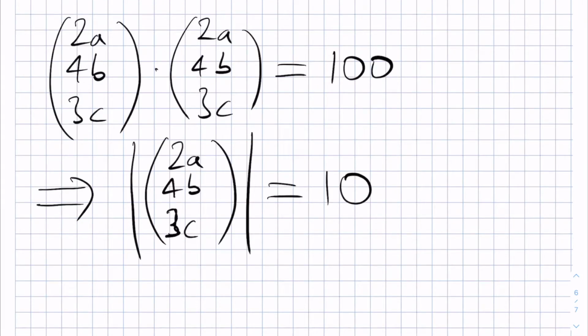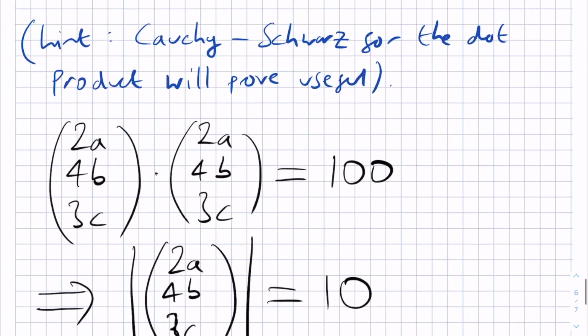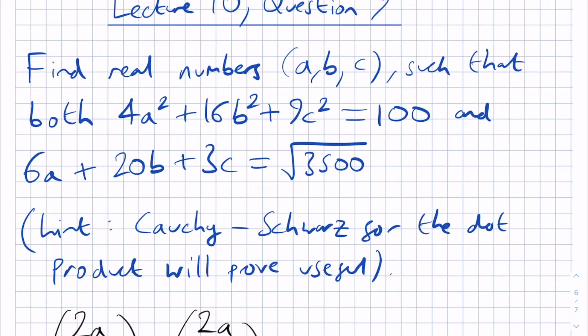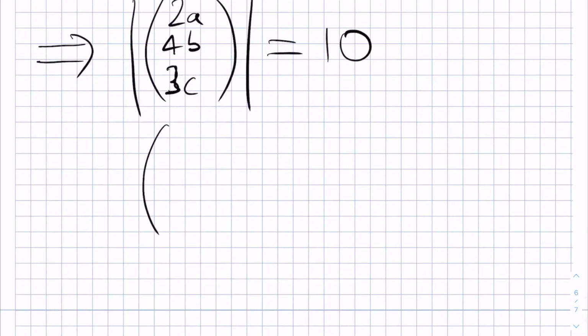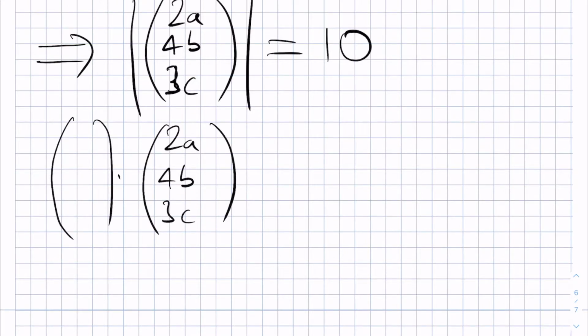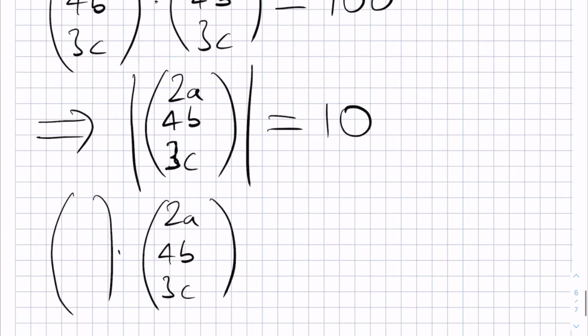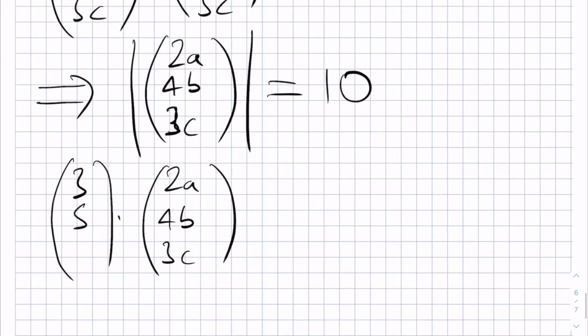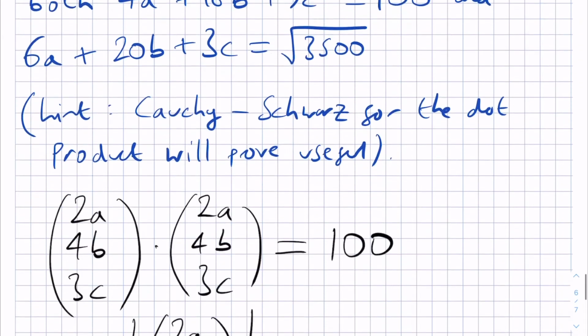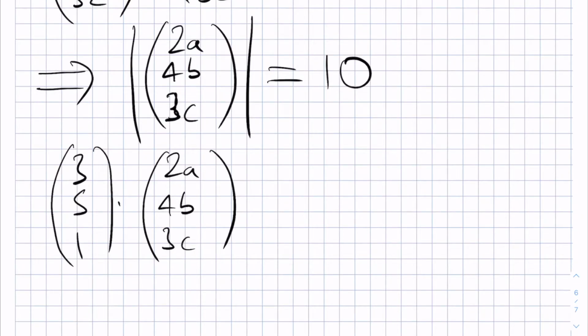This motivates writing the second equation, which is this one here, in terms of a dot product that includes the same vector here. This would be the same vector 2a, 4b, 3c, but then we would dot it with the vector 3, 5, 1 to get 6a, 20b, and then 3c.